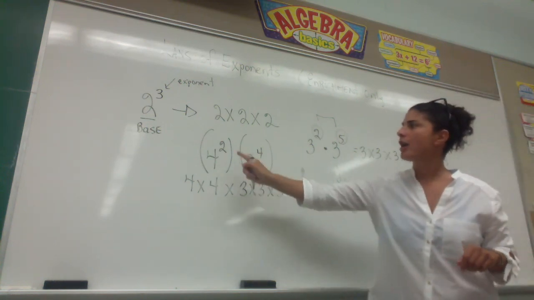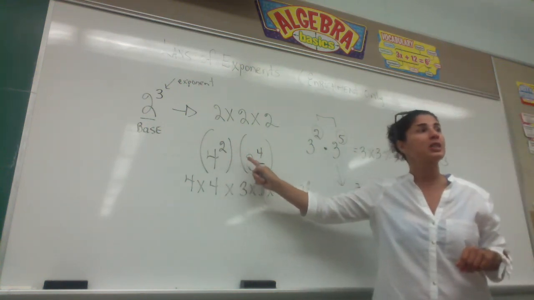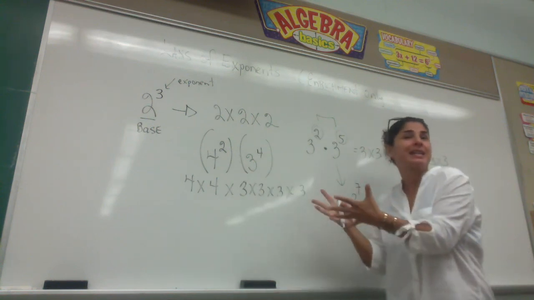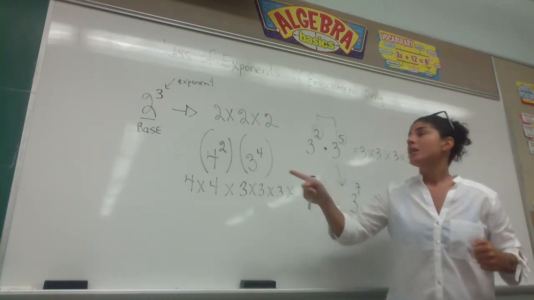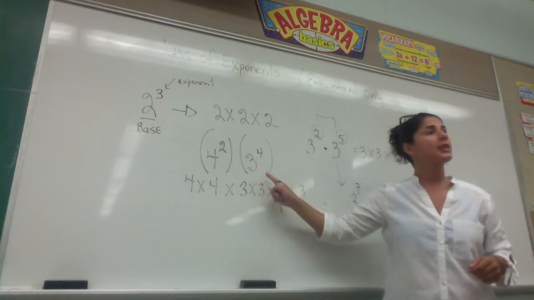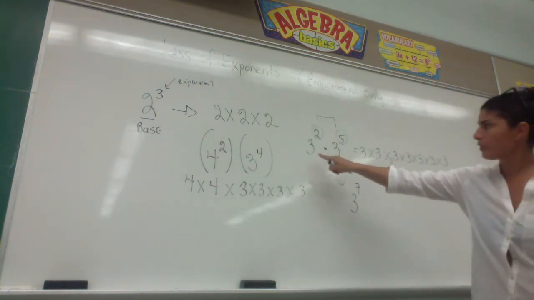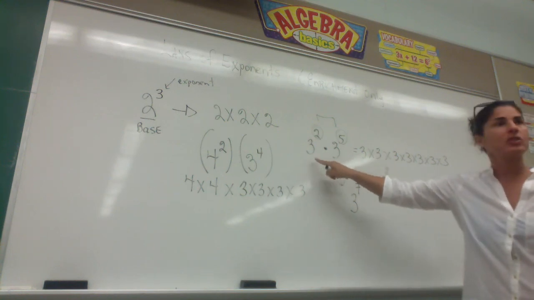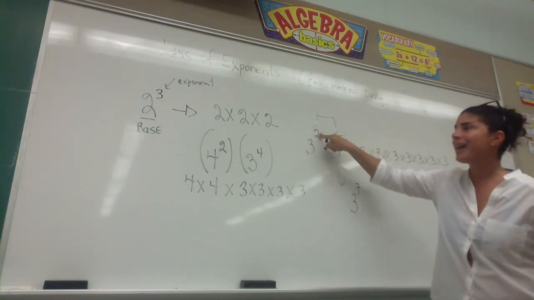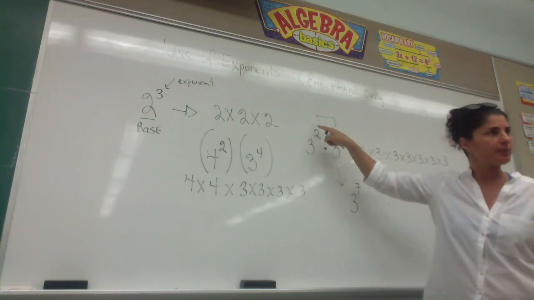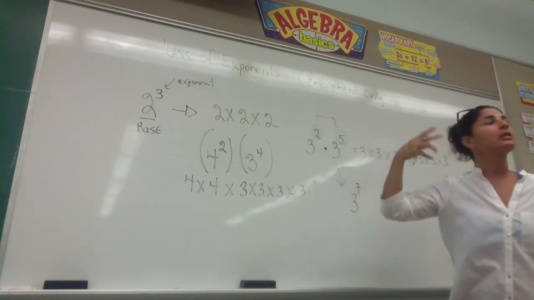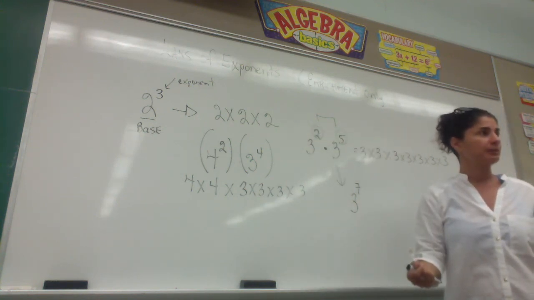How come I could not add 2 plus 4 and say 6? Because the bases are different. When the bases are the same, you can add your exponents, and that would be the law of exponents.